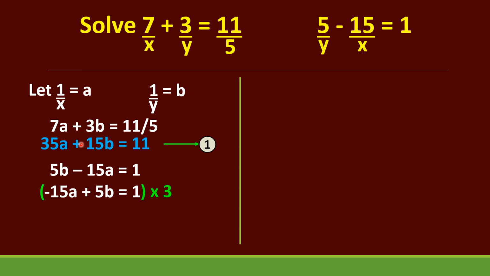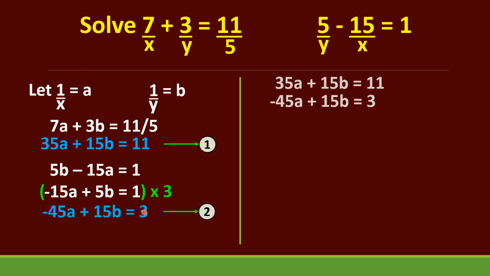For adding or subtracting with the first equation, we have to make both of these the same. In order to make this the same as 15b, we have to multiply 5 by 3. So the whole equation is multiplied by 3, and we get -45a + 15b = 3, as 1 into 3 is 3. So that is our second equation.